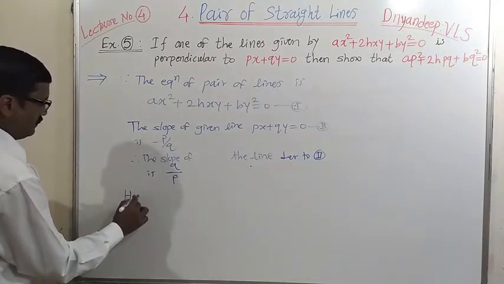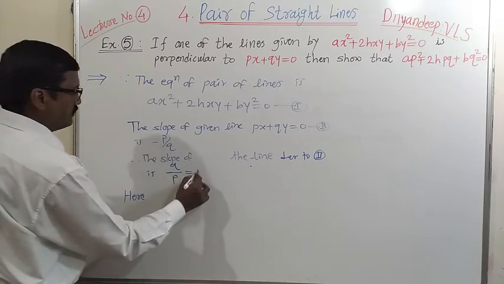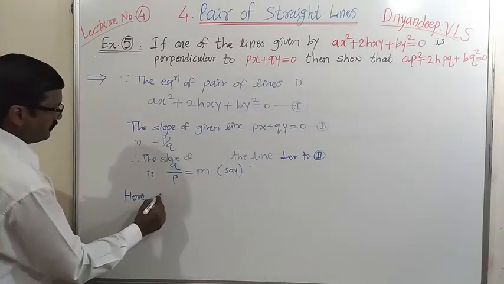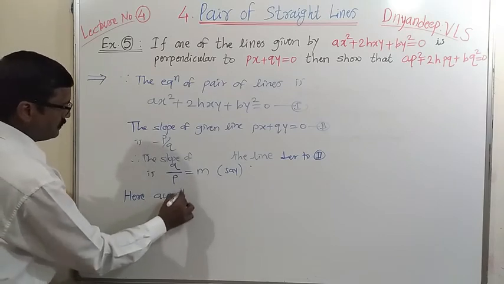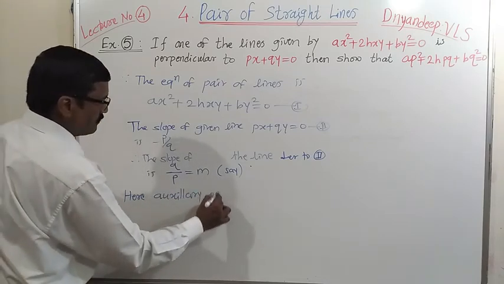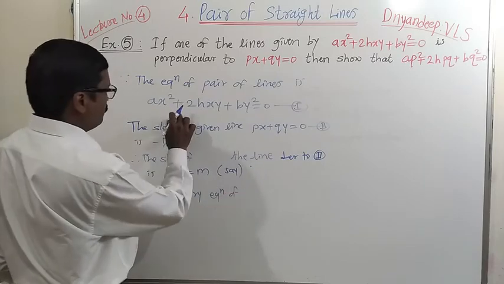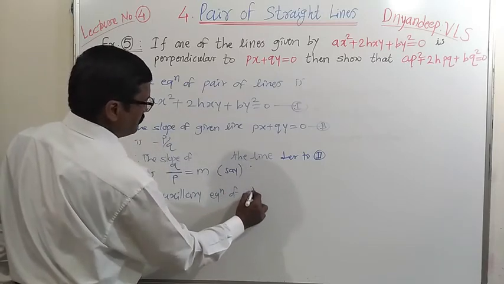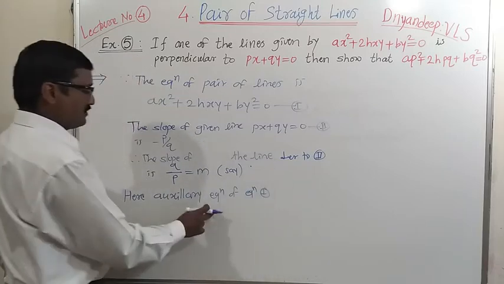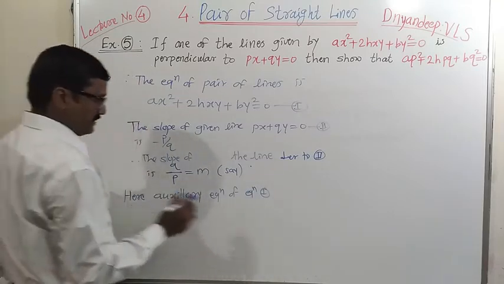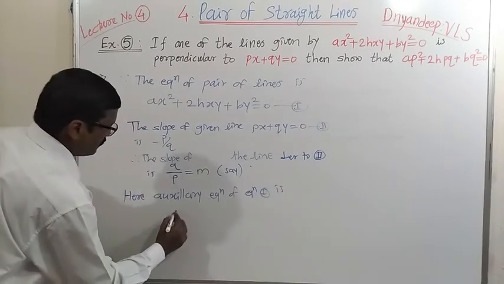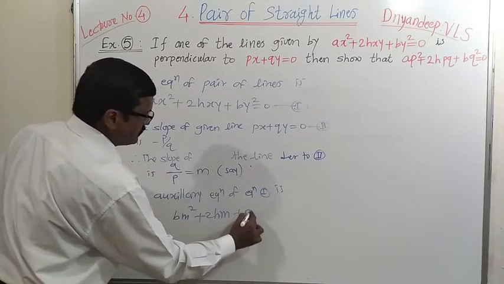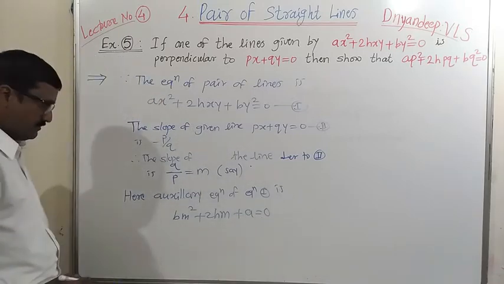Let that be equal to m, say. Here the auxiliary equation of equation 1, or auxiliary equation of pair of lines, is bm² + 2hm + a = 0.